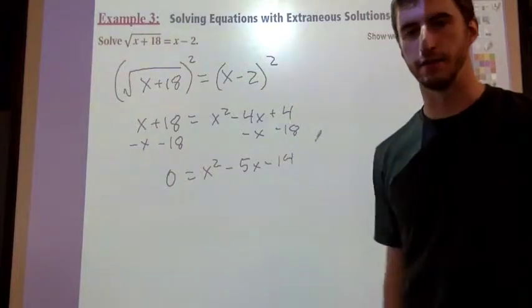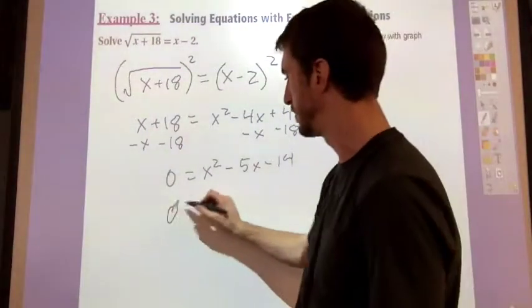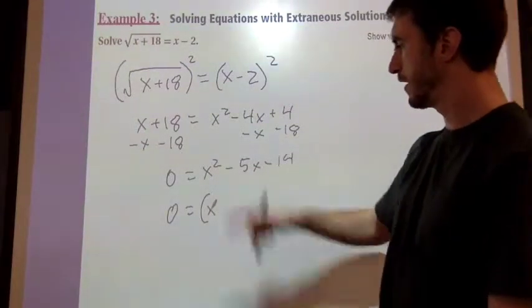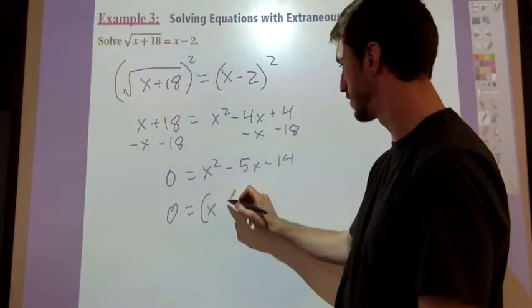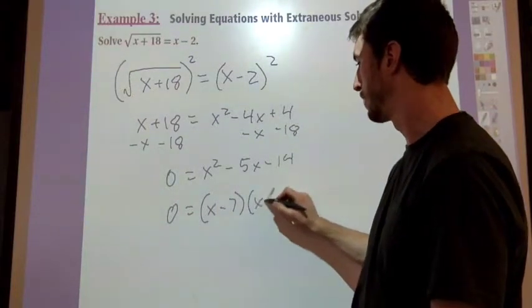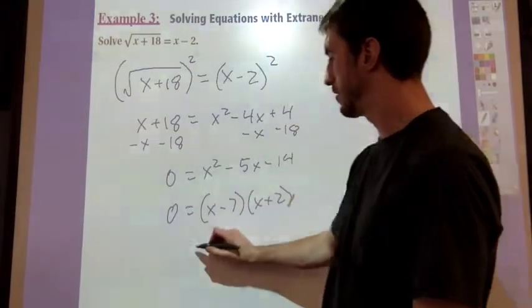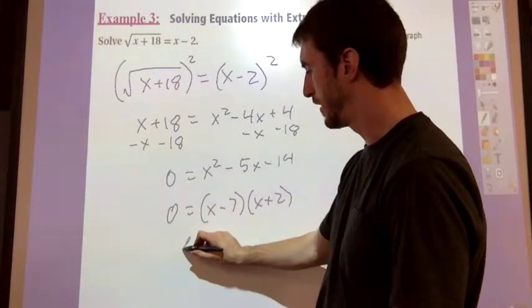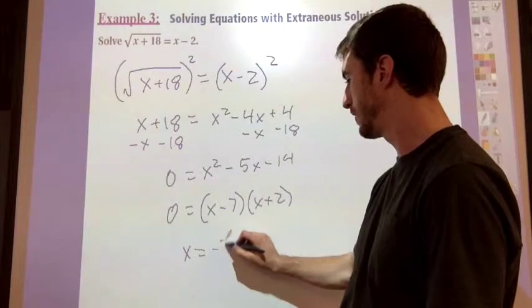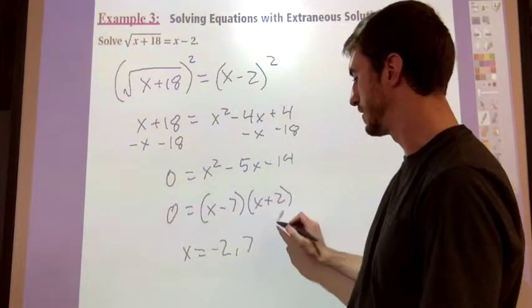Now I've got to factor this. So we get 0 equals, I need two factors of 14 that are going to equal negative 5. So let's go with negative 7 and positive 2. Now, if I solve for x, x is going to equal negative 2 and positive 7.